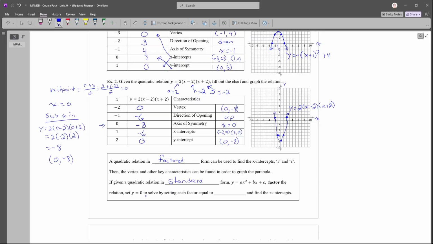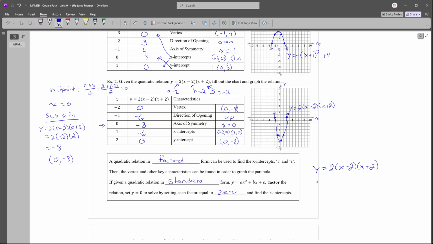So we're going to set y is equal to 0 to solve and find each factor. And we're going to take each factor that's in the factored form, and that means we're going to set each one of those to 0. Now that seems a little confusing for the moment, so let me give you an example. If we have this relation up here, y is equal to 2 times x minus 2 times x plus 2.